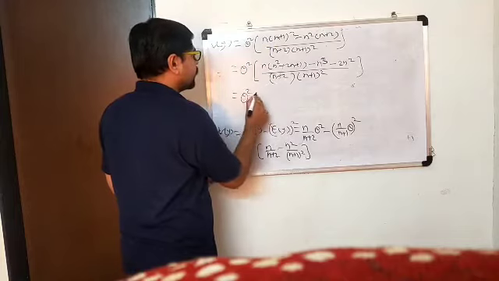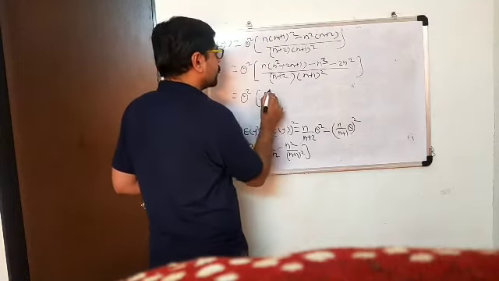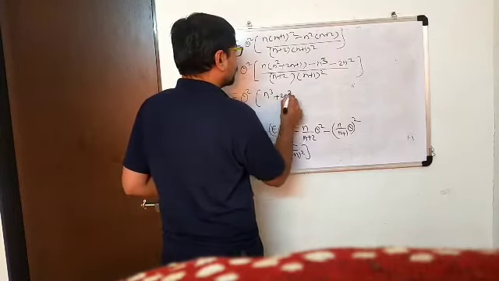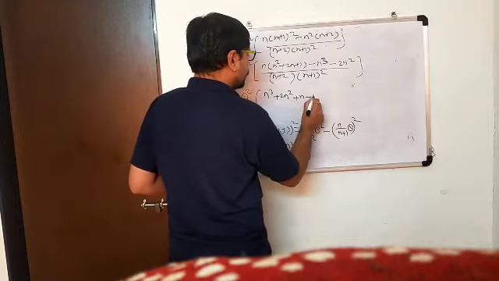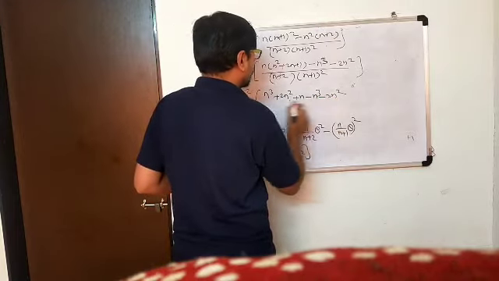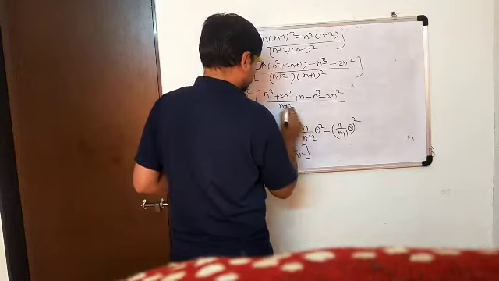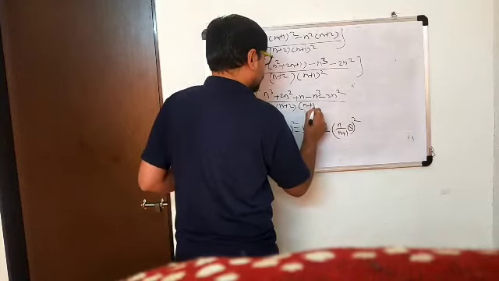So theta square into (n cube plus 2n square plus n minus n cube minus 2n square), divided by (n plus 2)(n plus 1) bracket square.